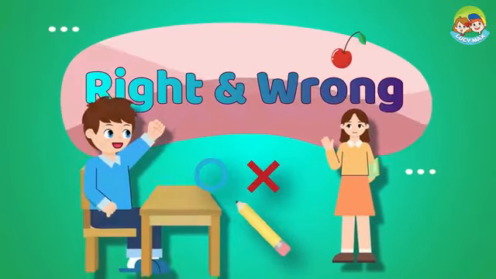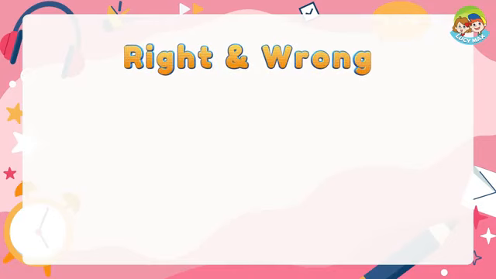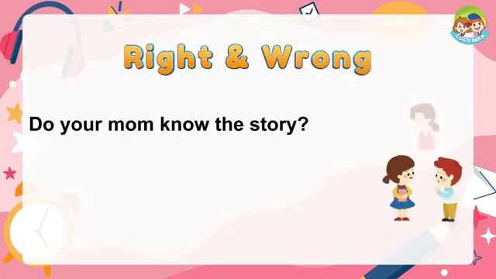Right and wrong. Now let's look at the right and wrong section. Do your mom know the story? This is wrong because your mom is singular. It's the same as she.